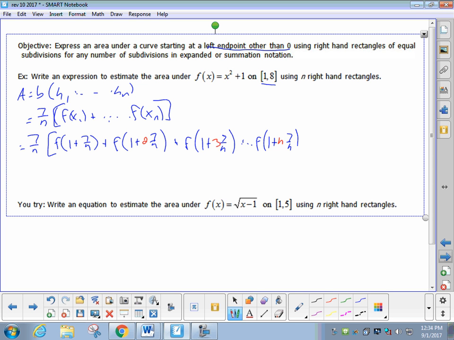How does that simplify? 8. Isn't that where we end? Yes. So if I put in the function, it would look something like 1 plus 7 over n, squared, plus 1. And 1 plus 2 times 7 over n, squared, plus 1. Through 1 plus n times 7 over n, squared, plus 1. Yeah?